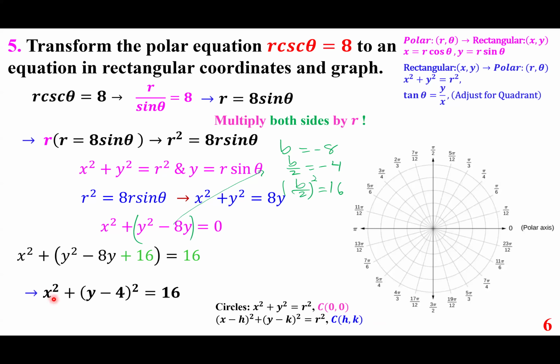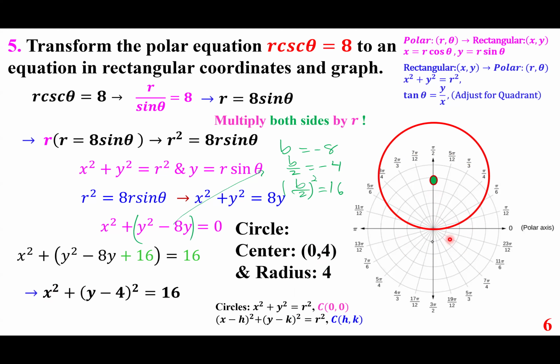According to this, it is a circle centered at 0, 4. R is square root of 16 or 4. Then we stick with one tick mark. So 0, 4. So 1, 2, 3, 4. We go 4 up here and draw a circle with the radius 4.